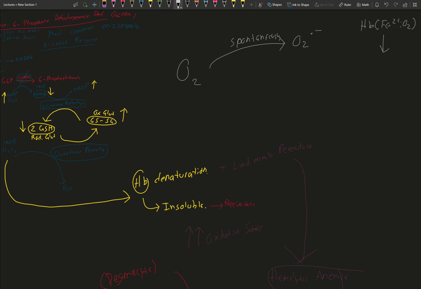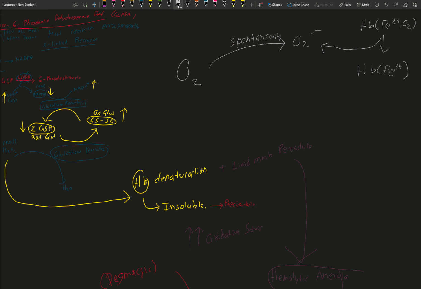However, via oxidative damage, we can have a conversion of the ferrous state into the ferric 3+ iron state, which is unable to bind oxygen, and in doing so, releases this radical, this anion, the superoxide anion.